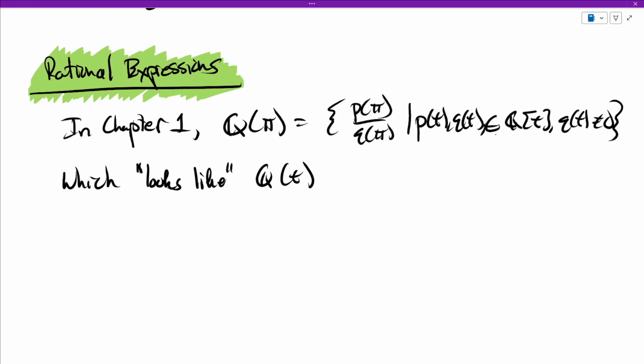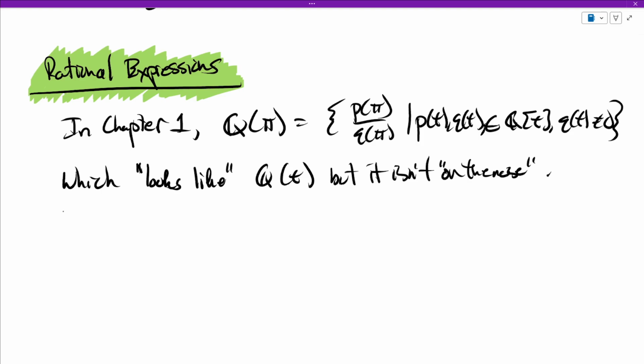That's just an honest number. It's no longer a function. Similarly, Q[π] is not functions, and their quotient is also a number. So it looks like Q(t), but it's not the same. It isn't, let's say, on the nose. Later we'll see they're isomorphic, but they're not on the nose.